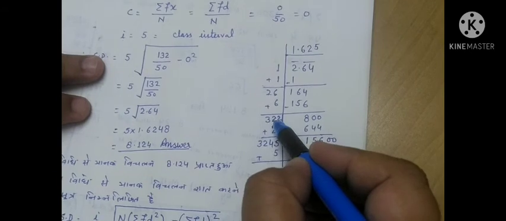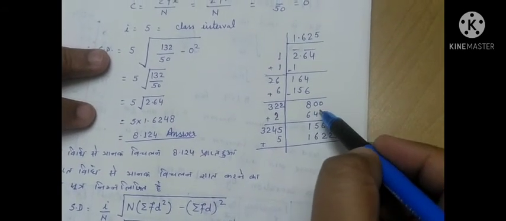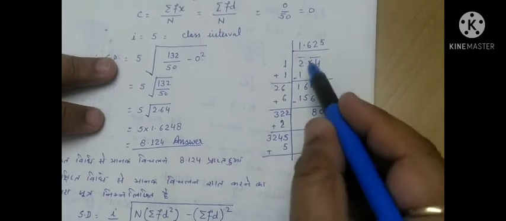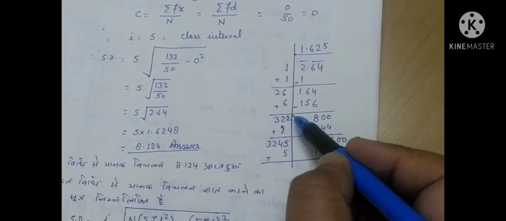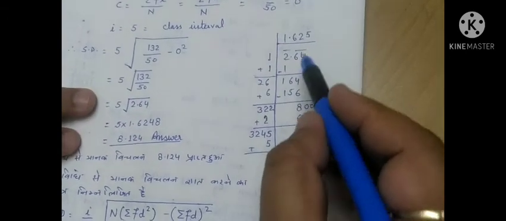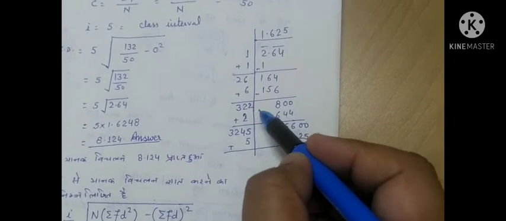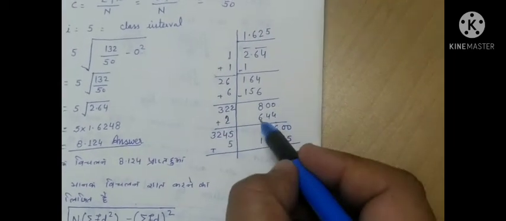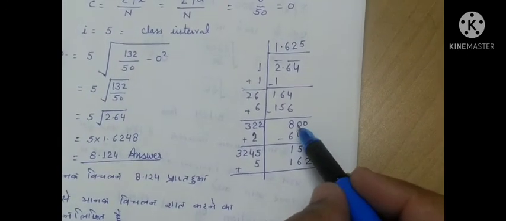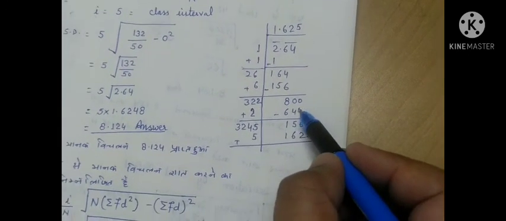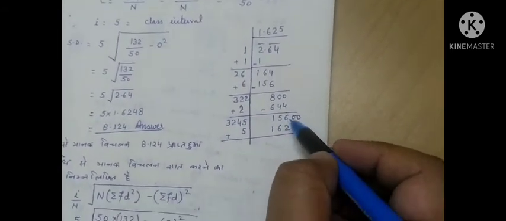26 plus 6 is equal to 32. Now we will try how many times it goes for the next one. So 32 means 2 times it goes. So writing 2 here, 2 here and 2 here. 322 multiplied by 2 is 644. Subtracting 644 from 800 gives us 1156.